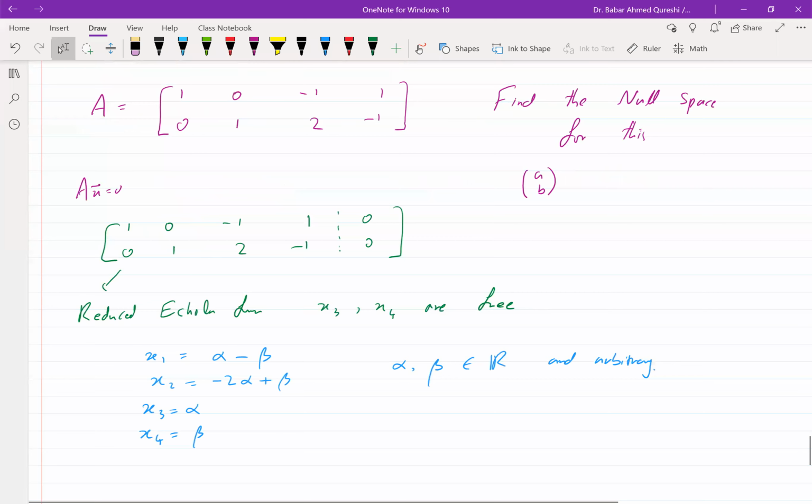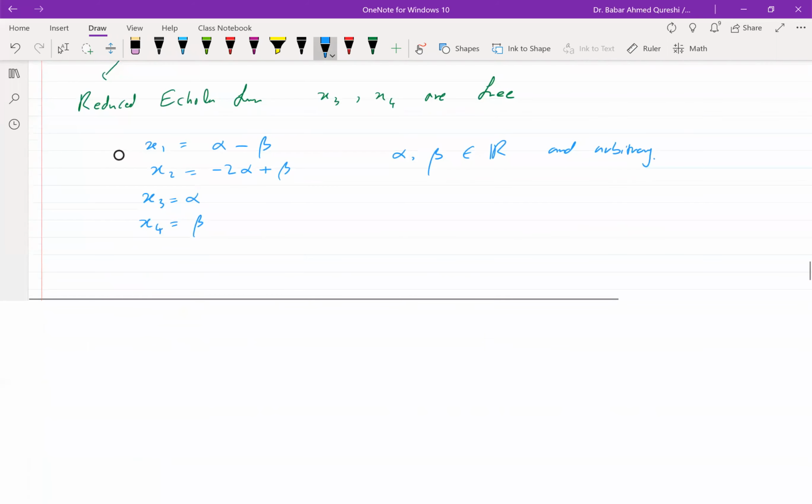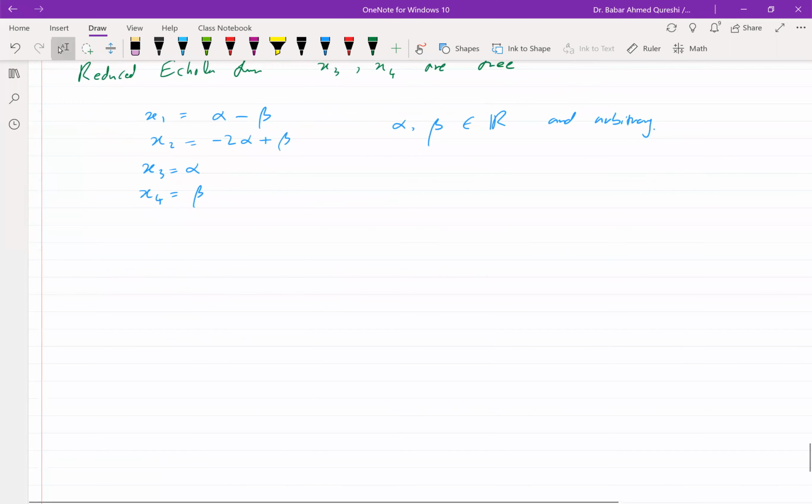Oh, sorry, I was not looking for these kinds of vectors. The matrix has m rows and n columns, so I was looking for an n component vector. So the subspace consists of vectors of this kind.